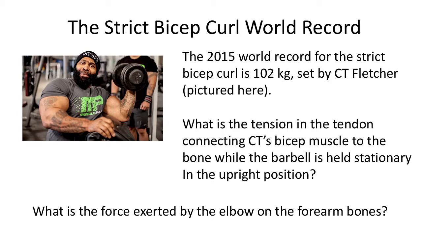Okay? And we'll see that in the second half. I have to have the force of the elbow on the forearm to fix my arm in place for this problem. Now the sum of forces in the x direction, what is the sum of forces in the x direction? There are none. This one's easy, so there's 0.